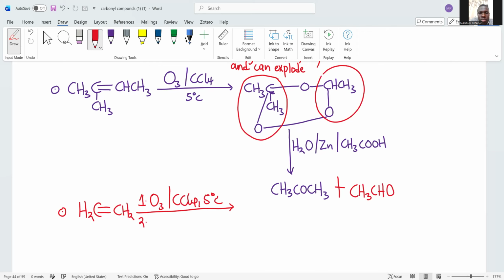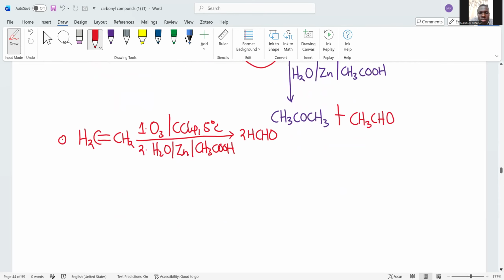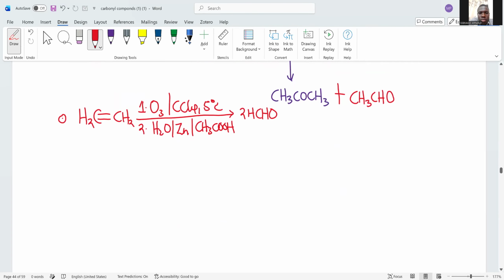Number two, water, zinc and ethanoic acid. Now here we get one product. There are two products, but they are the same, so almost one product: methanal.